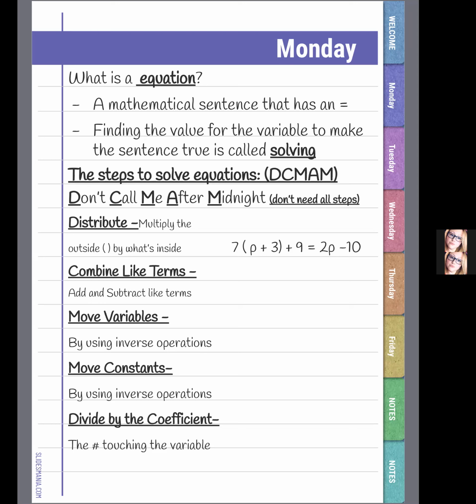And then moving constants, which are our numbers without letters. So if we have a positive 30 and we need to move it to the other side of the equal sign, it would become a negative. And then to be done, we divide by the coefficient, which is the number touching the variable, to find our answer. So go ahead and write these notes, pause it.